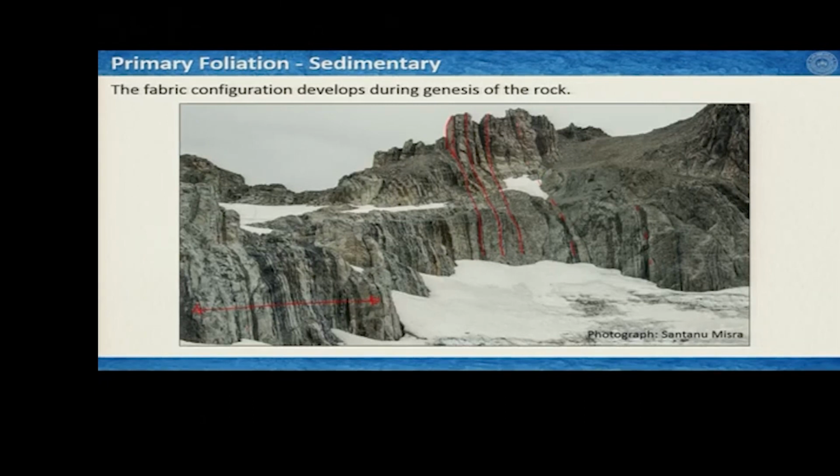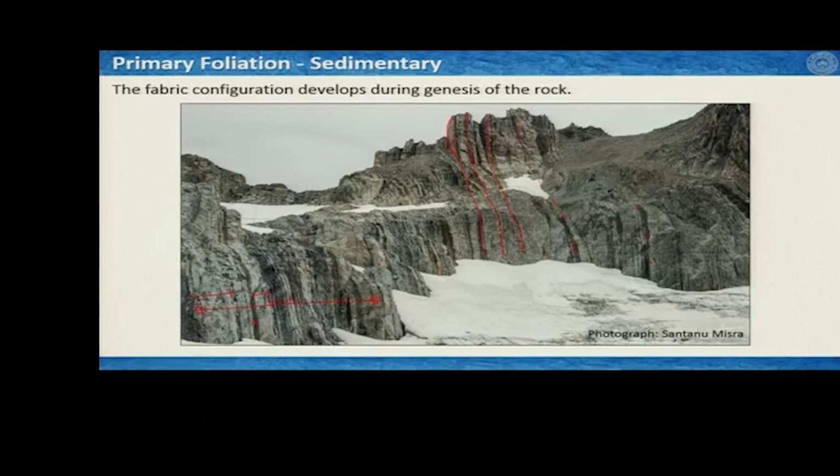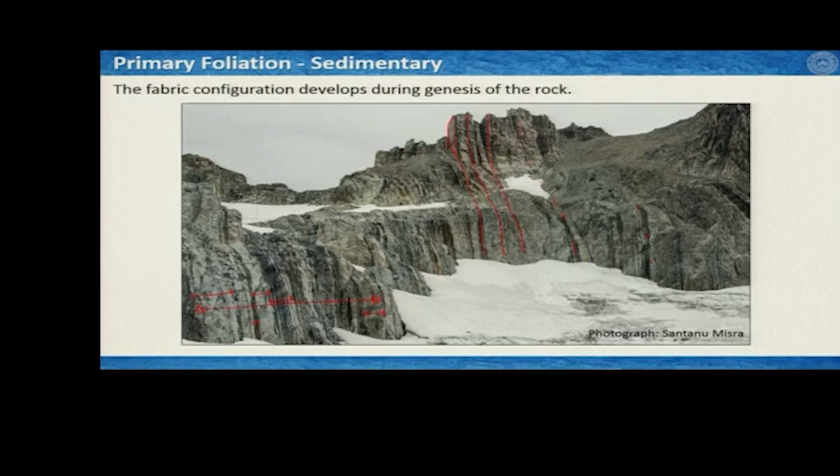Across the foliation, the layer thicknesses also vary even within the same composition. So, here you see some laminations and then a thick layer and so on. This is very characteristic of sedimentary or primary foliation.